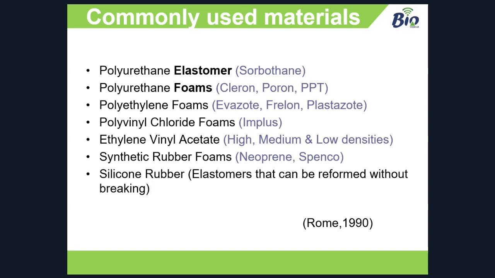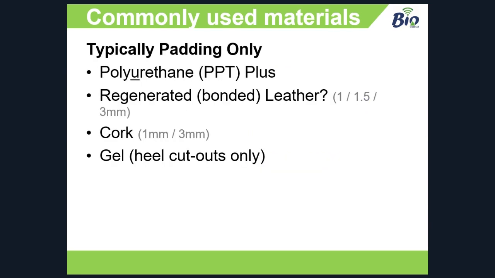Interestingly enough, Rome didn't put in polypropylene, which is again not so much in materials, well, you'd think, but we'll go through and have a look at that now. So polyurethane, PPT plus, commonly known as PPT.